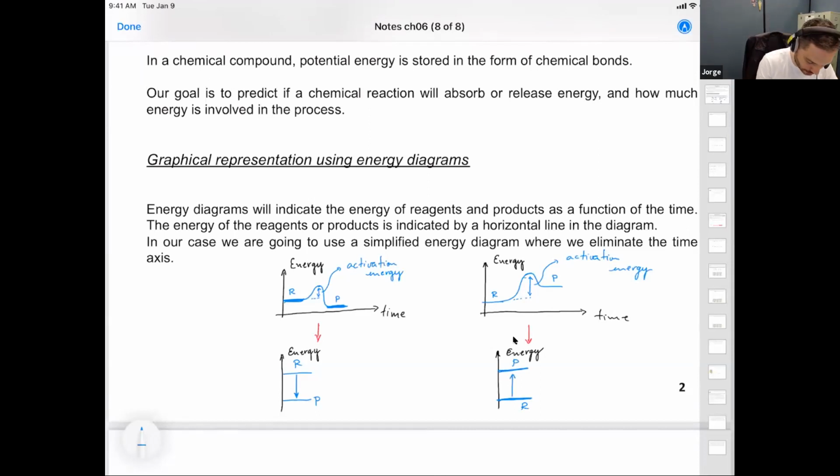Okay, so see here, I'm just showing this energy here and this other part here. Okay, so for us, it doesn't matter the activation energy. And we are going to use always the simplified energy diagram.